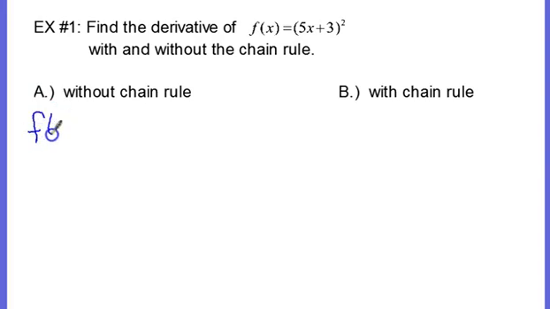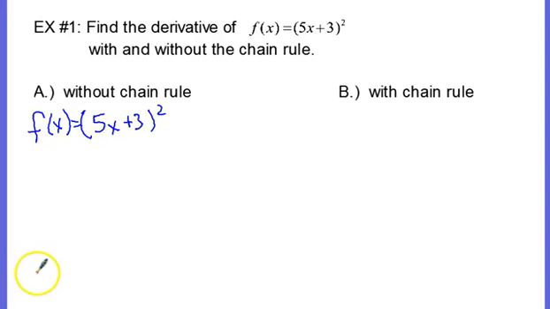I've got f of x is equal to 5x plus 3 quantity squared. The first thing that I need to do is expand this binomial. One way I could do that would be to certainly FOIL 5x plus 3 against itself, but that's kind of time consuming.